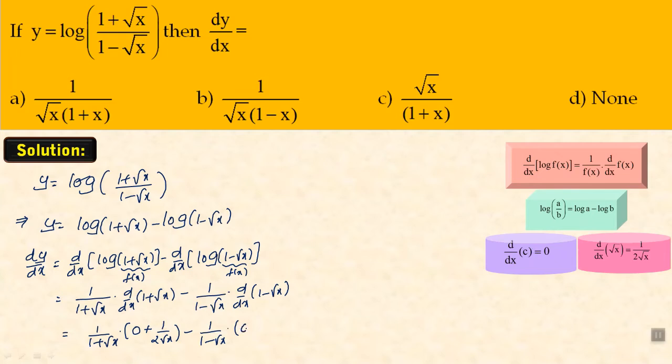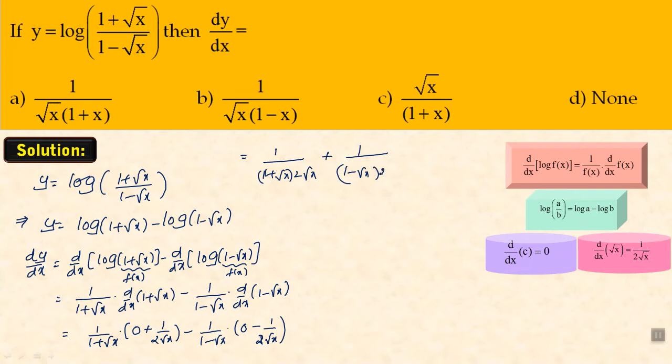Constant differentiation is 0, minus d by dx of root x, that is 1 by 2 root x, that equals to 1 by 1 plus root x into 2 root x, minus into minus plus 1 by 1 minus root x into 2 root x.